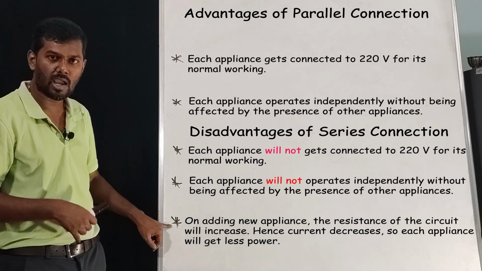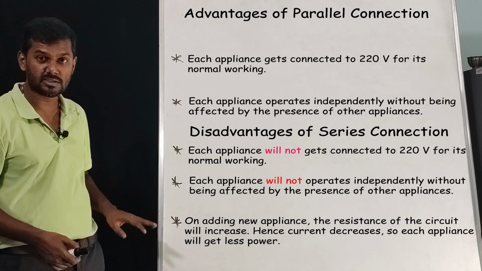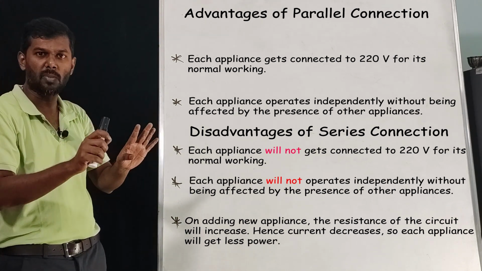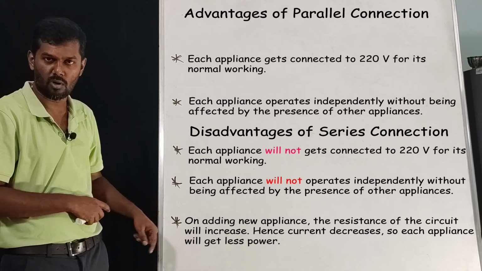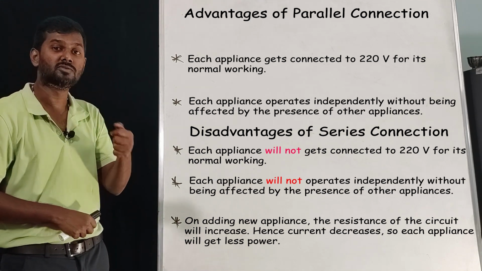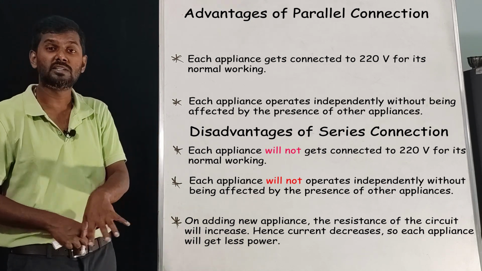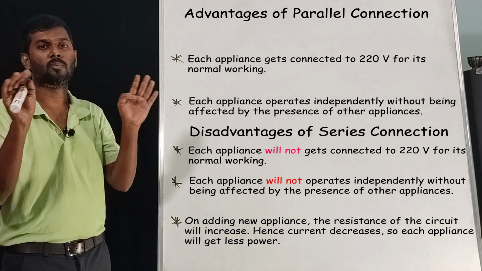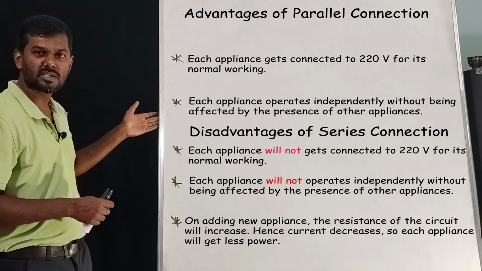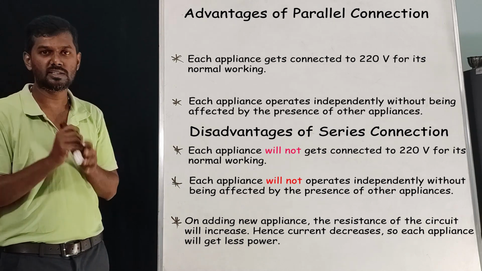Now everything is connected in parallel. If it is connected in series and I introduce one more new appliance, then all the appliances connected in series will receive less power, so they will not work properly. So these are the advantages of parallel connection and the disadvantages of series connection.